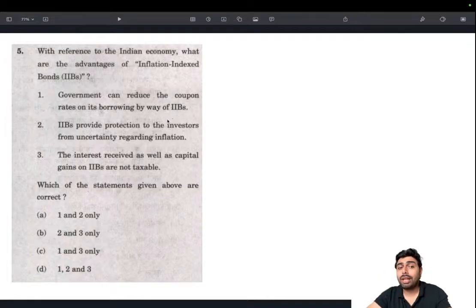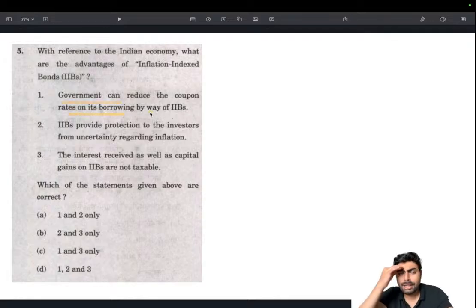So that's one way the bondholder can have a relatively risk-free investment, because they don't have to worry about inflation; the coupon rate or this additional indexation provides security against inflation. So that's the basic idea about inflation indexed bonds. Now, let's look at the statement: government can reduce the coupon rates on its borrowing by way of IIB.